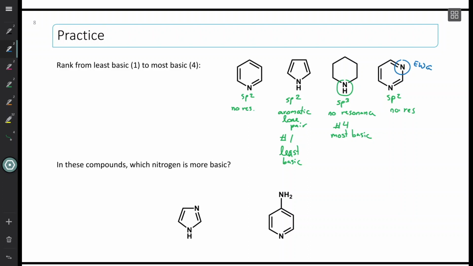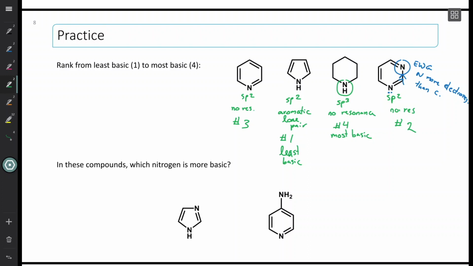Nitrogen is more electronegative than carbon, so by inductive effects this pyridine ring is already less electron rich. That makes this one less basic. So this is number 2, less basic than this one, which will be number 3.